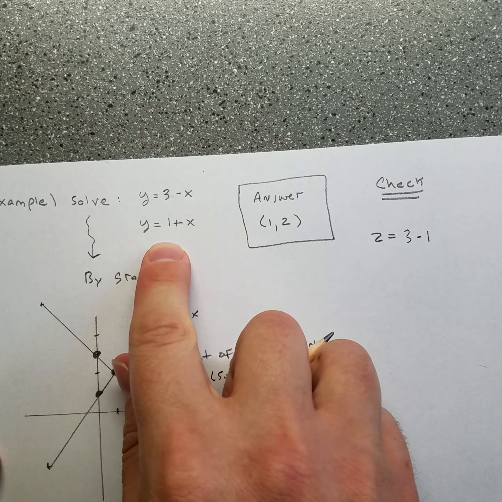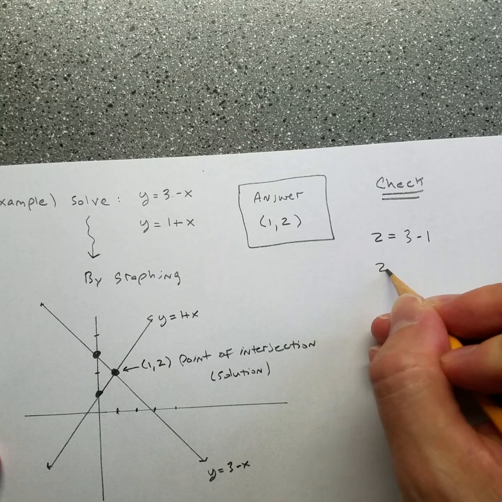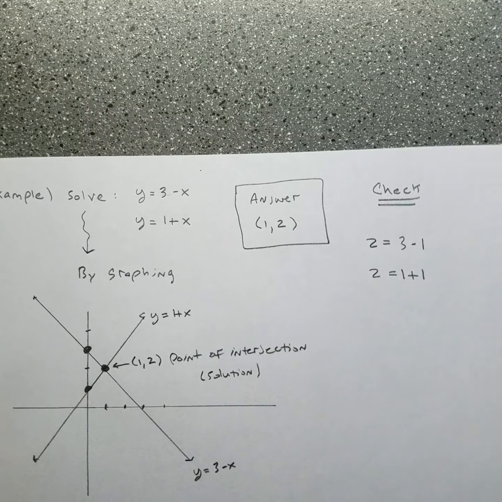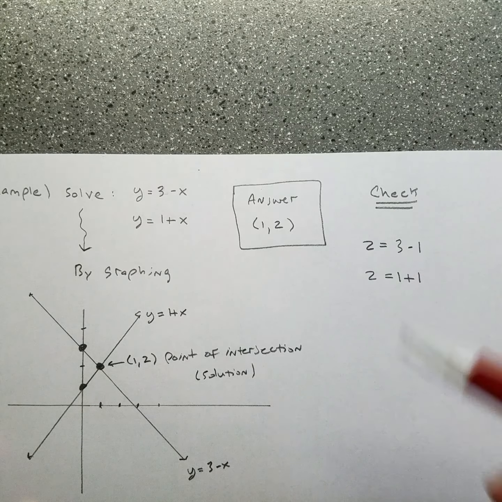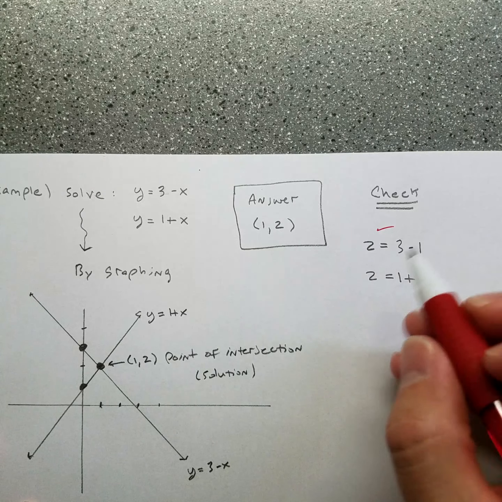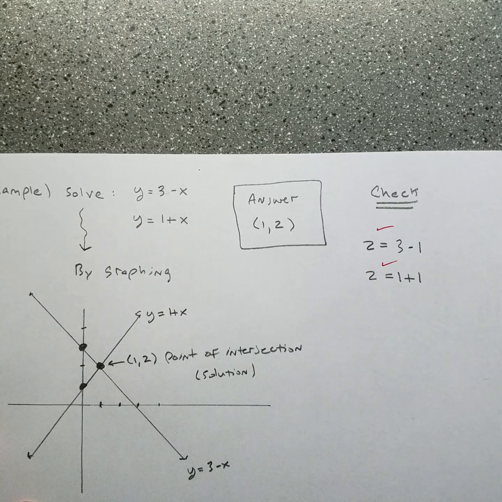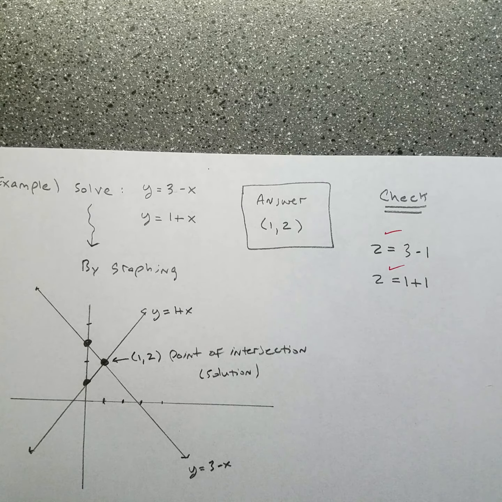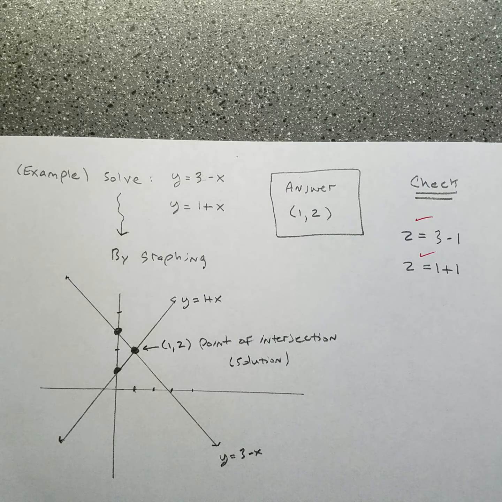And that second equation, if you put 2 for y and 1 for x, says this. Do you agree with both of those? Are those both true? Is 2 equal to 3 minus 1? Yes. Is 2 also equal to 1 plus 1? Yes. Okay? All right. So that's the graphing interpretation.